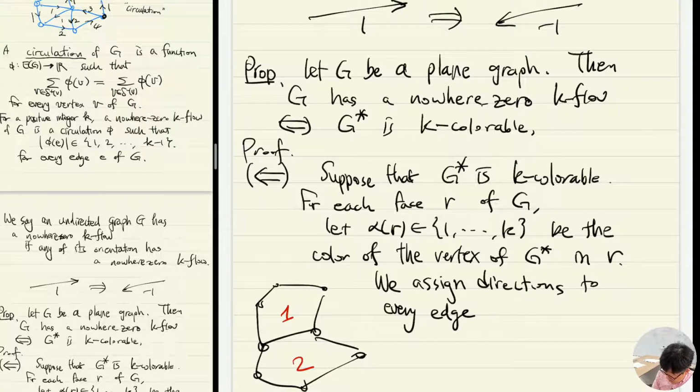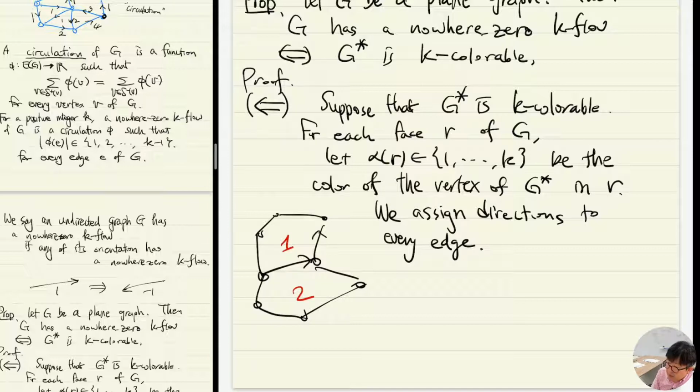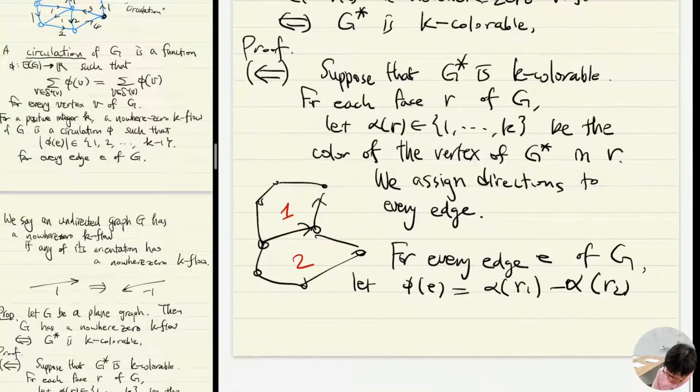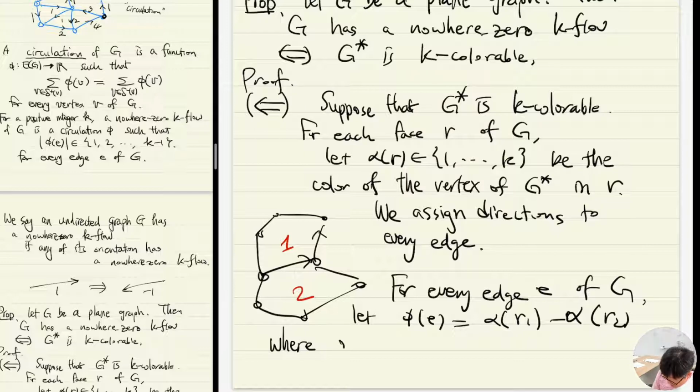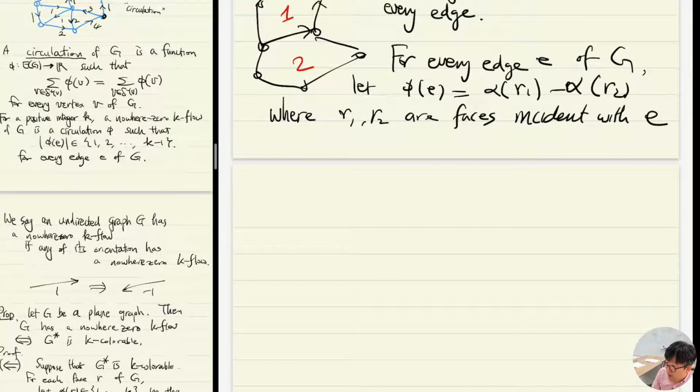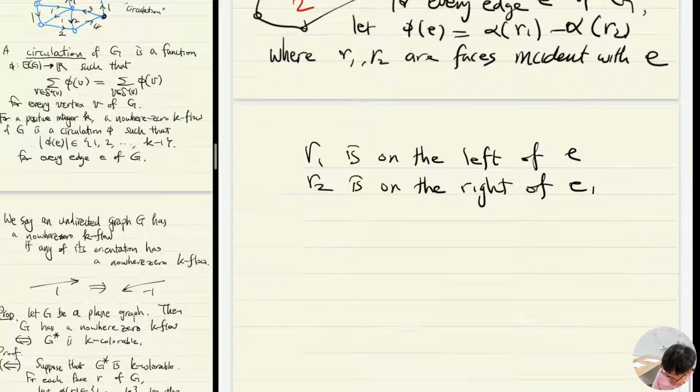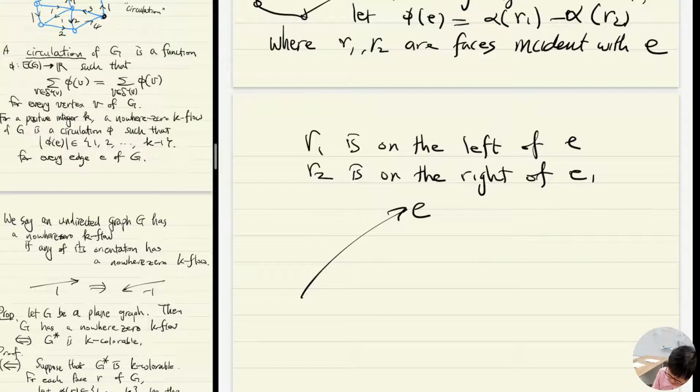Now for every edge E of G, let phi of E be alpha of R1 minus alpha of R2, where R1, R2 are faces incident with E and R1 is on the left of E and R2 is on the right of E. What do we mean by left and right? Well, now we have direction. So then R1 is here, R2 is here. Okay, so that's the direction.